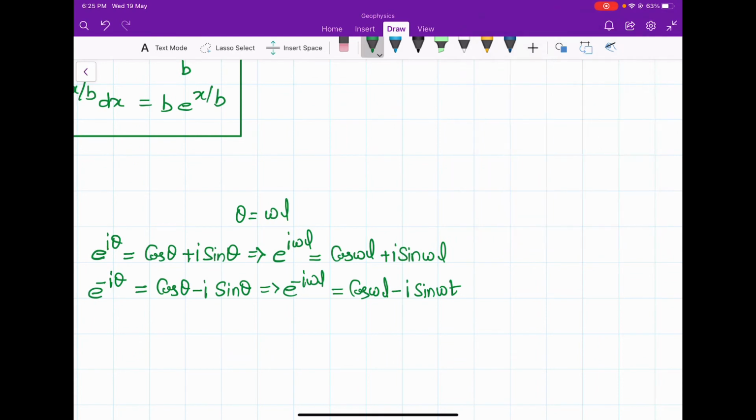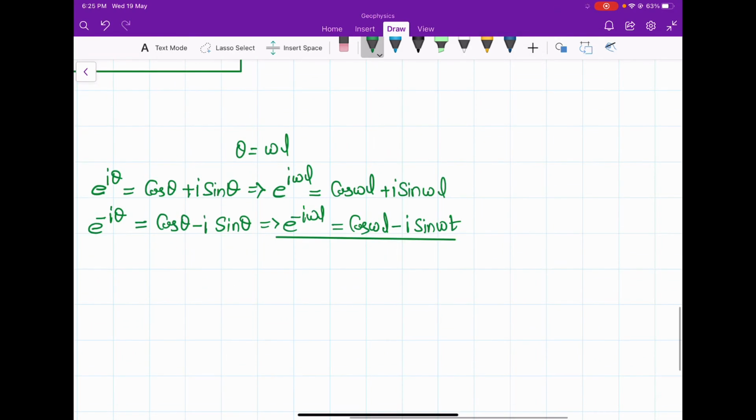So first I am going to add these two. What I will get: e to the power i omega L plus e to the power minus i omega L is equal to cos omega L, and this term and this term will cancel out.